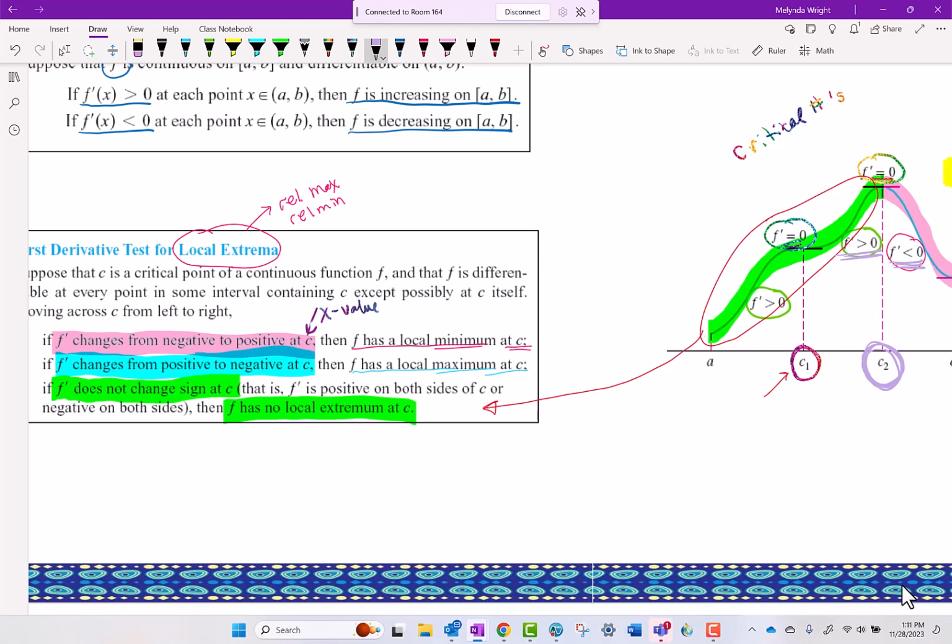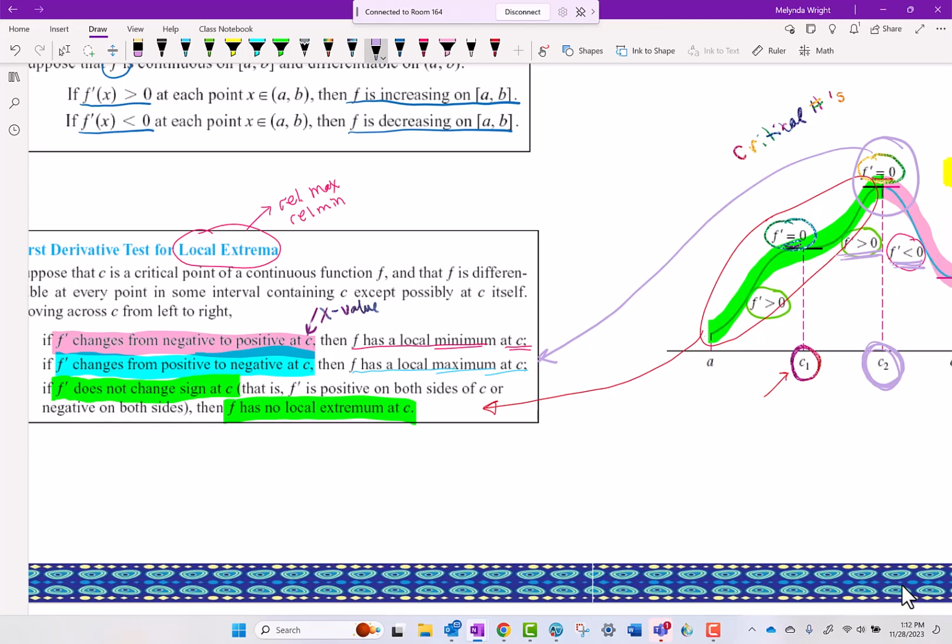So that would be like type 2. This part right here would be like the second one. When f prime changes from positive to negative, there's a local maximum there. So see, we have a local maximum at C2. I'm going to pause here for a second. So what I'm doing is I'm showing you visually what that would look like if the test is happening. Does that make sense?